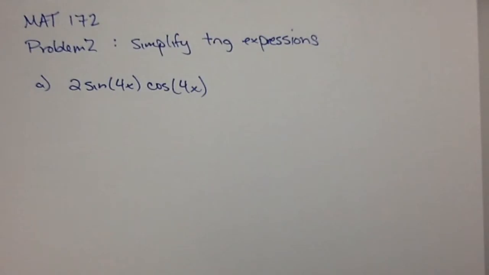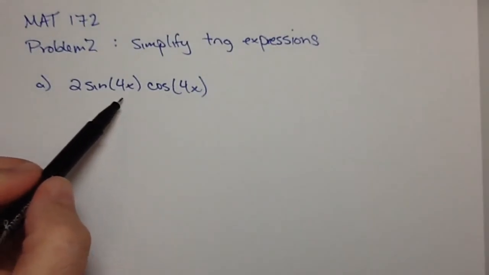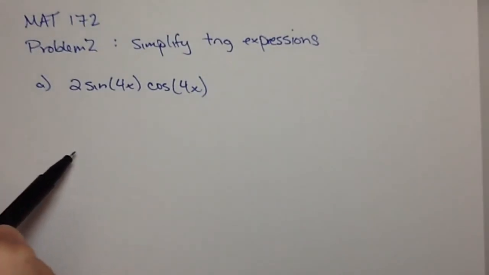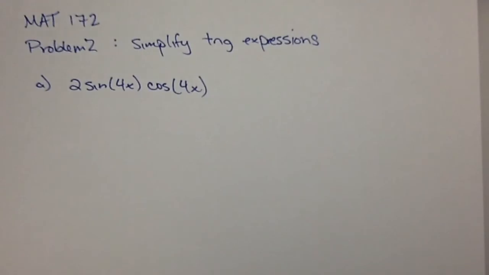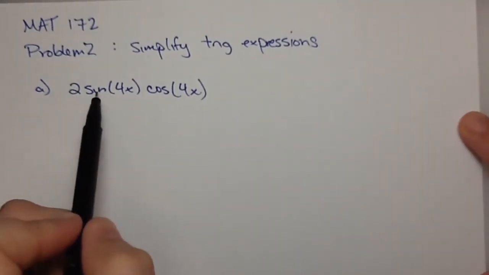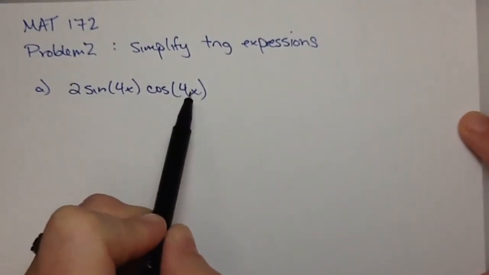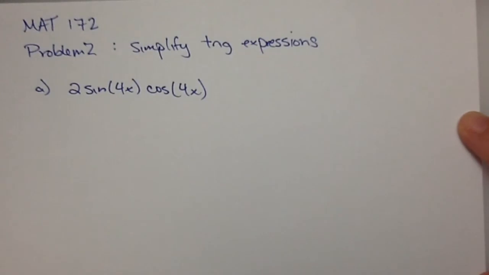In problem A, we're given an expression that's 2 times the sine of 4x times the cosine of 4x. And you might be tempted to use the double angle formula to expand this out, but in fact, 2 times the sine of something times the cosine of something is equal to the sine of twice that something.